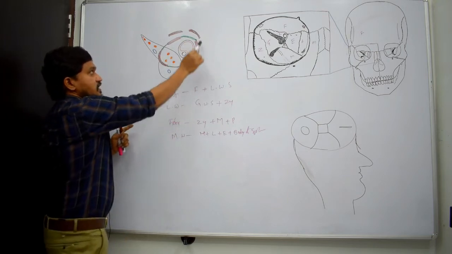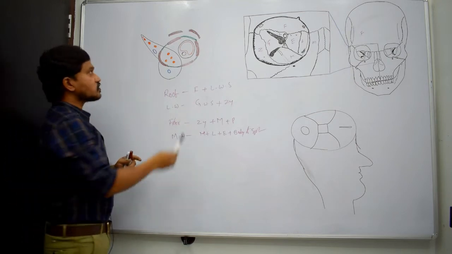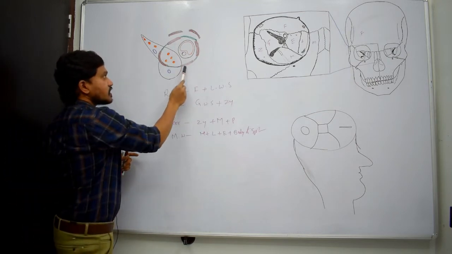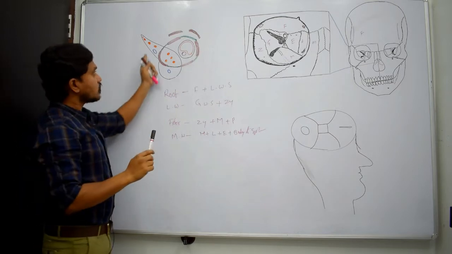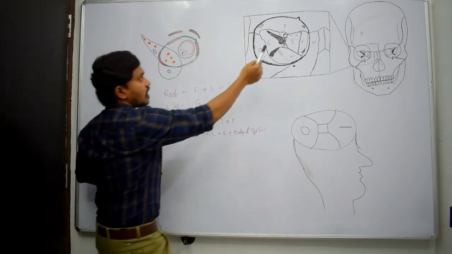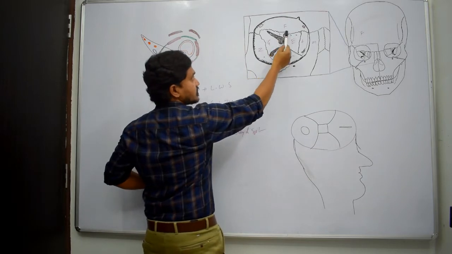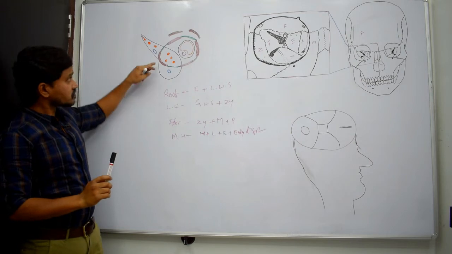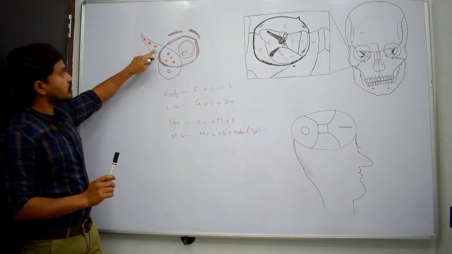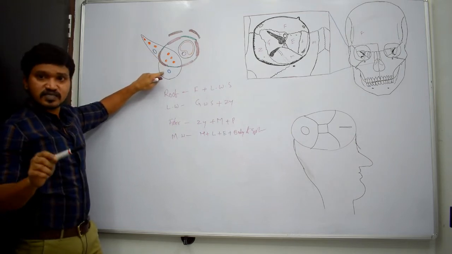This ring gives origin to the superior rectus, inferior rectus, lateral rectus and medial rectus muscles. It will be present like this.